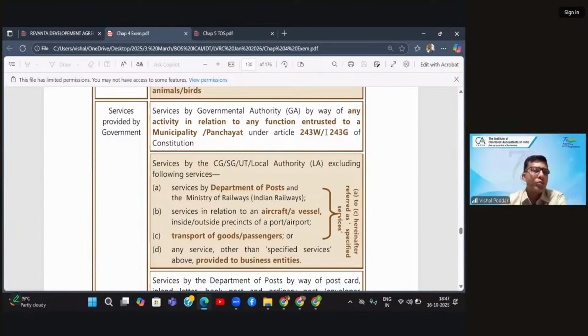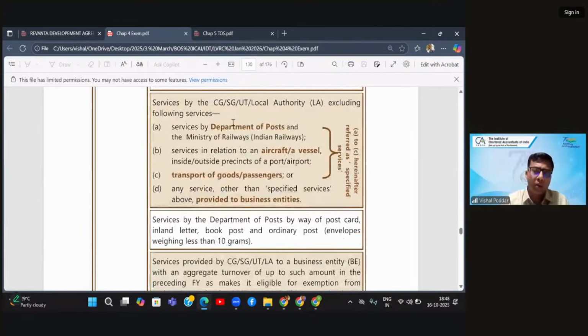When you read these two articles, you find a list of functions which these panchayats or municipalities have to perform, which we experience daily. Like early morning, you'll find road cleaning happening. You have a drainage facility. You have a facility of somebody coming and collecting your daily household waste. All these are the functions given in these lists. Now, when these services are provided by a government authority, they are all exempt.